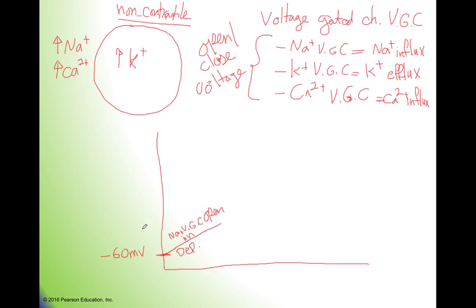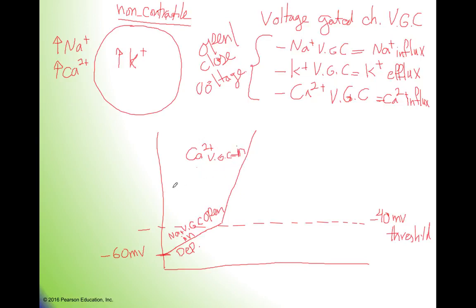Now, when it reaches a magic number, and the magic number in this case is negative 40 millivolts, and this is identified as your threshold, what you're going to open at that threshold is your calcium, what type of channels, guys? VGC. And when they open up, they're going to cause what? Calcium to come where? In or out? Calcium to come inside the cell.